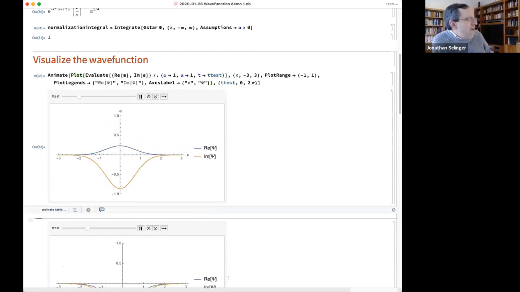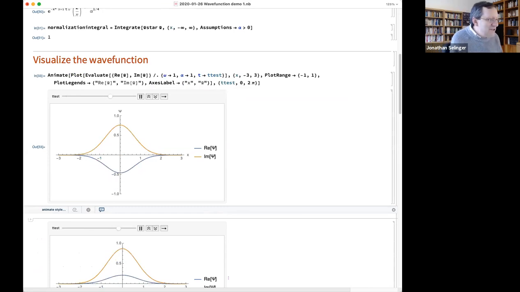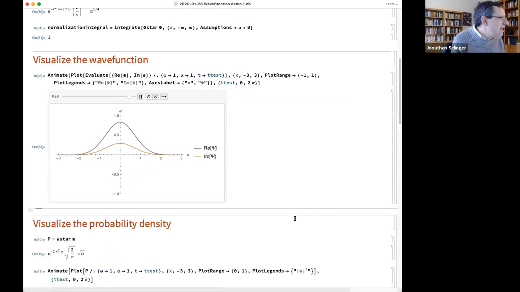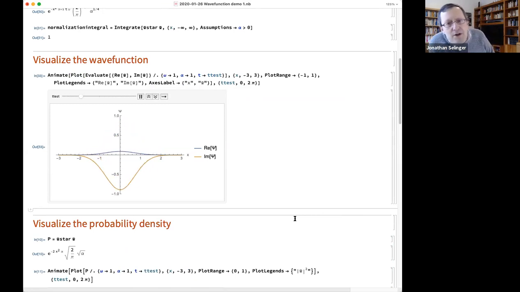Okay, there's a plot with axes that are labeled. That's even better, isn't it? Okay, so it shows the real part and the imaginary part as functions of x for different times. Okay, so you can see these things are waving back and forth in time, but nothing's really going anywhere in x. That's how a wave function might look.